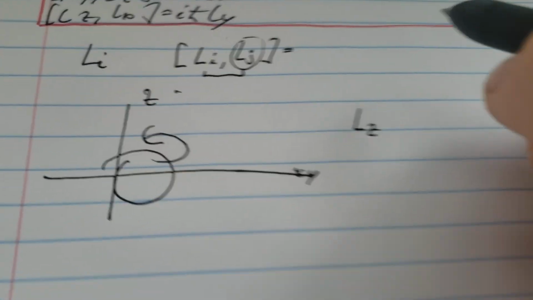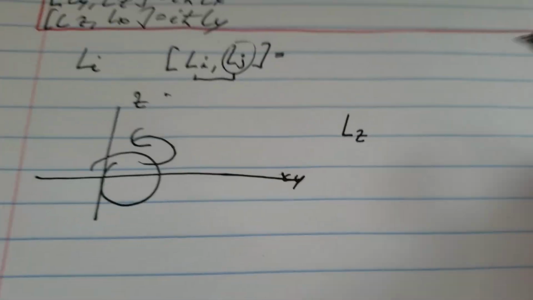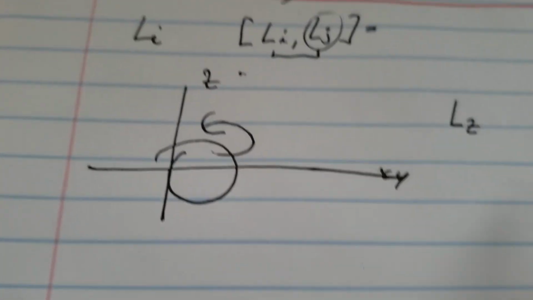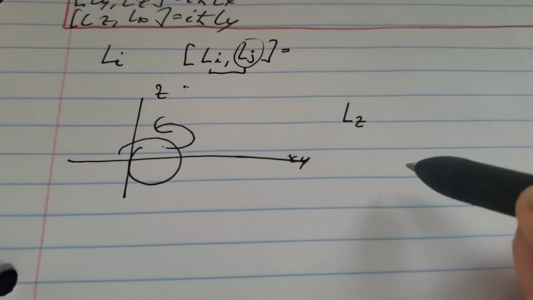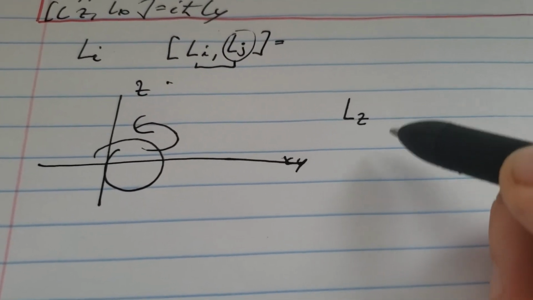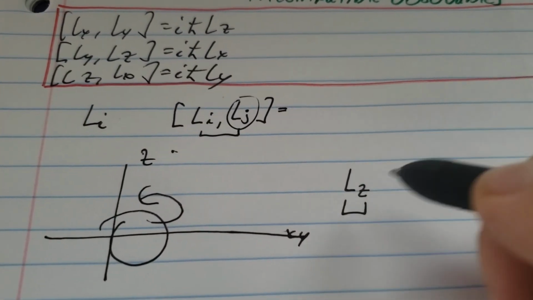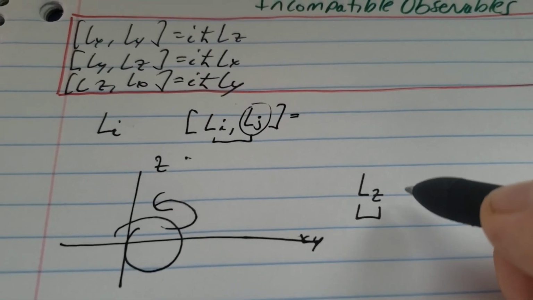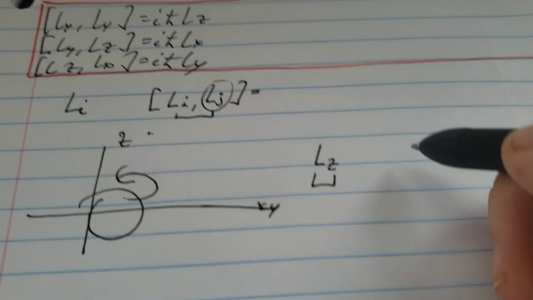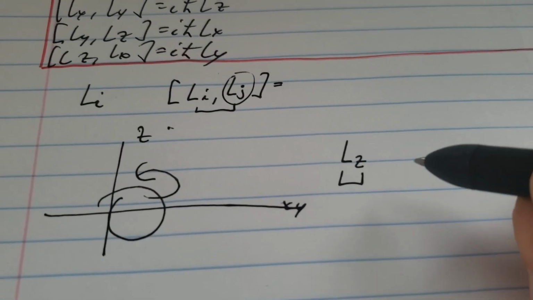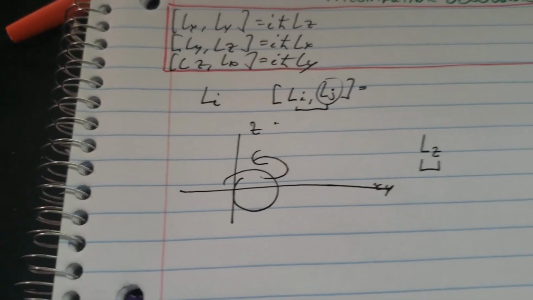Again, it's arbitrary, but this is just for formalism purposes, so we can get started. So, we want our z component of angular momentum, L sub z, to have definite value, which means that our state is an eigenstate of the L sub z operator.